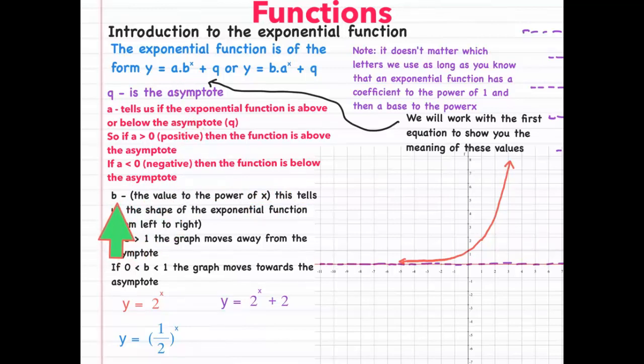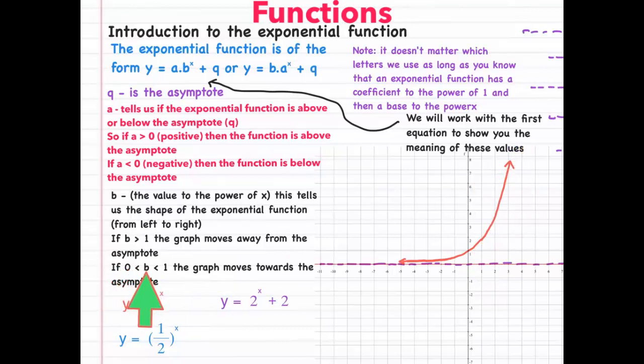B tells us the following. Now, b is the value to the power of x, in other words, the base to the power of x. In that equation, we are referring to the a. So this tells us the shape of the exponential function. Very important. Now, if we read from left to right, as we do in English, if b is greater than 1, the graph moves away from the asymptote as we look from left to right.